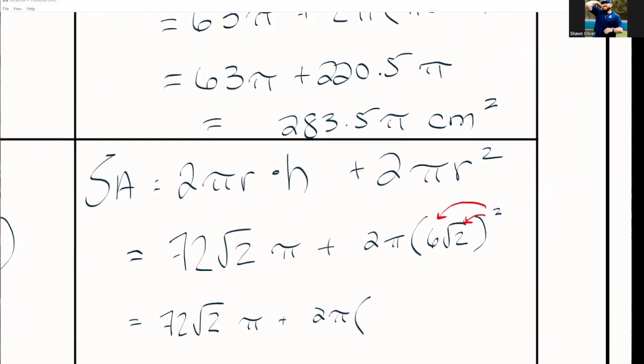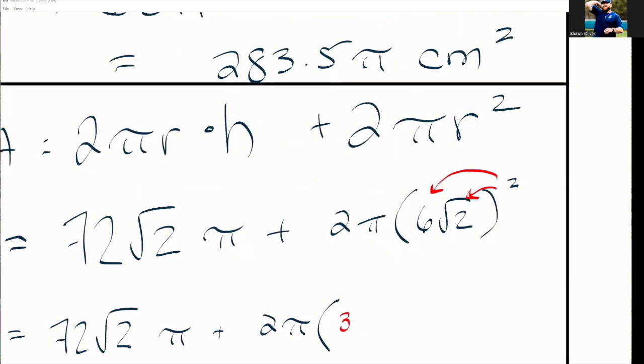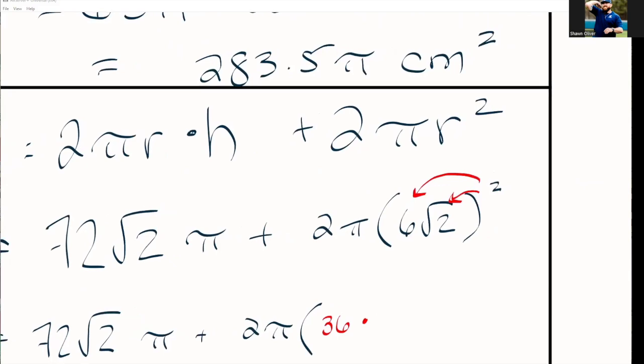So 6 squared is 36, and then the square root of 2 squared. Close. It is the square root of 4, which is 2. So why is this multiplication? How does this stay multiplication?